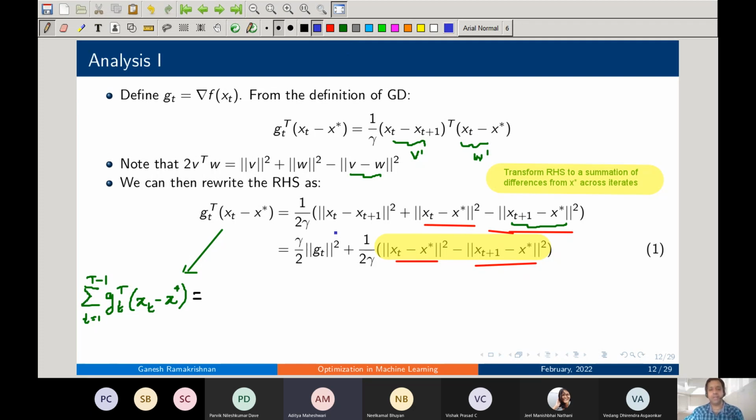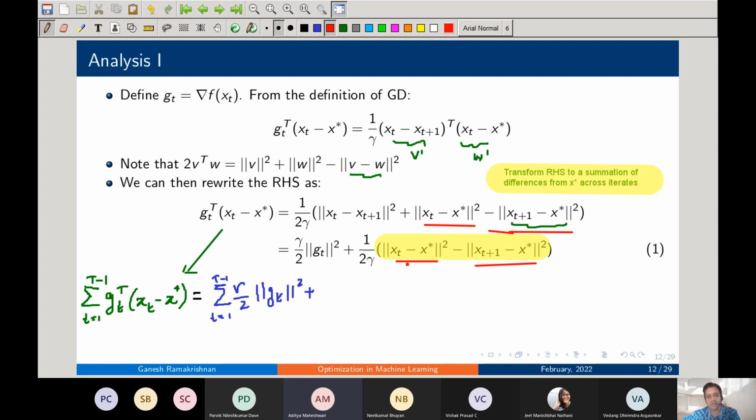The simplification will be in terms of this part, as you said. Now xt minus xt plus 1, I have already simplified to norm gt square. So let me write that as usual: summation gamma by 2, t equals 1 to capital T minus 1, norm gt square, plus, exactly as we pointed out, only two terms will remain.